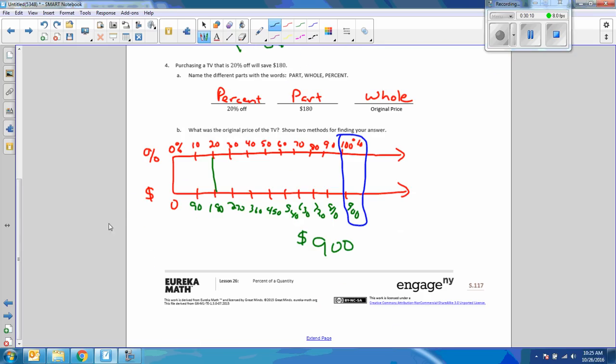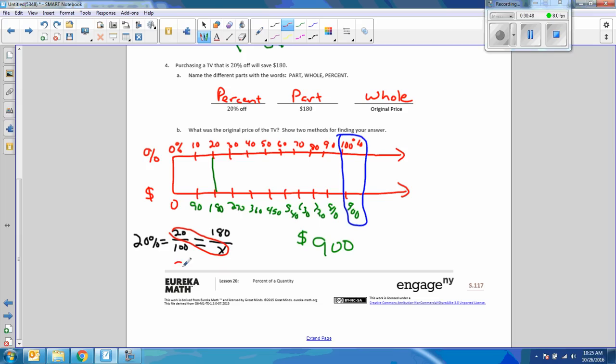Let's move down and do it again. Okay, their footer is kind of in the way here, but we'll see. Keep in mind that 20% is out of 100, meaning 20 100ths. I want to know what the total is when the 20% is 180. So again, I'm going to cross multiply.